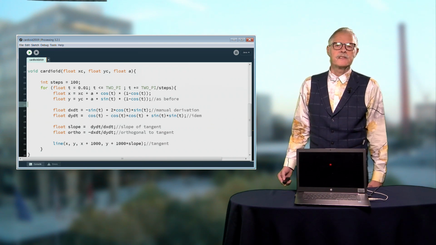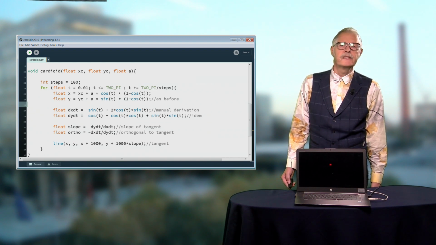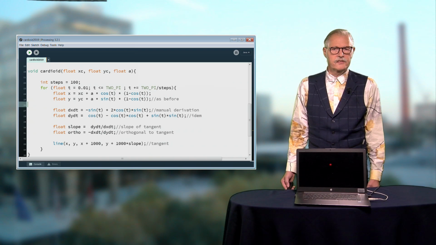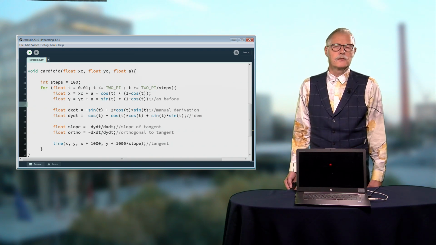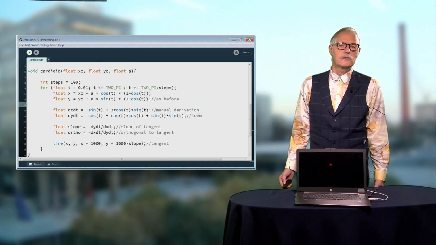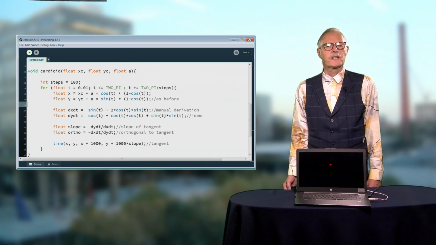I've been deriving them on the whiteboard, but once you have them, you can copy them in here. At this point in the for loop, the t is known, so processing evaluates these to two numbers, and then you get the slope by dividing those two numbers, dy dt divided by dx dt.